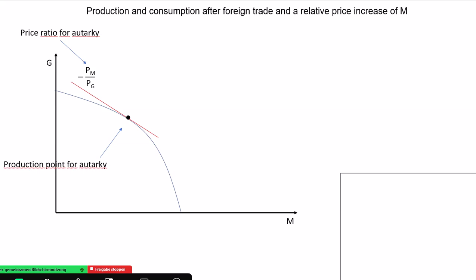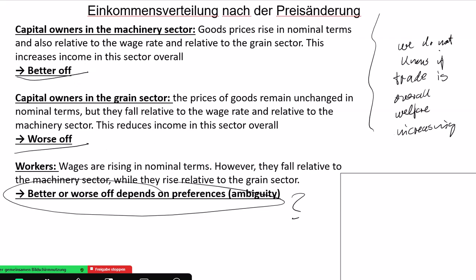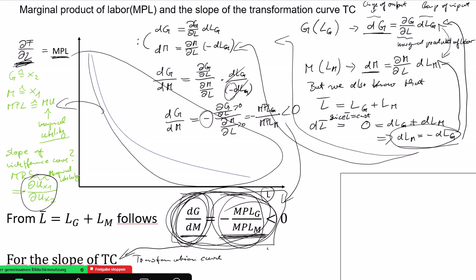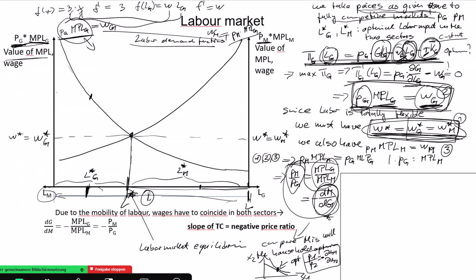And let's start with the situation without trade. What did we have derived? This was on this slide. The price ratio equals the slope of the transformation curve.